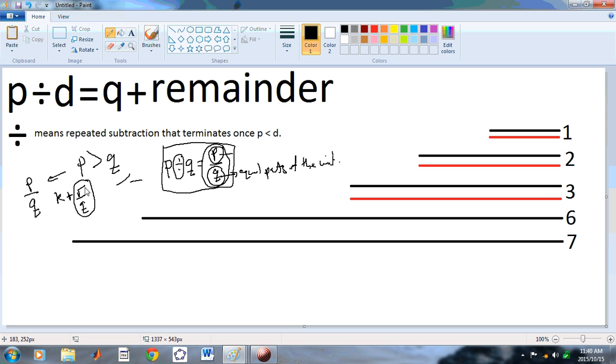That's why it's a remainder. It tells you how many parts of Q are left, and no further action is taken. There is no such thing as perpetual division.